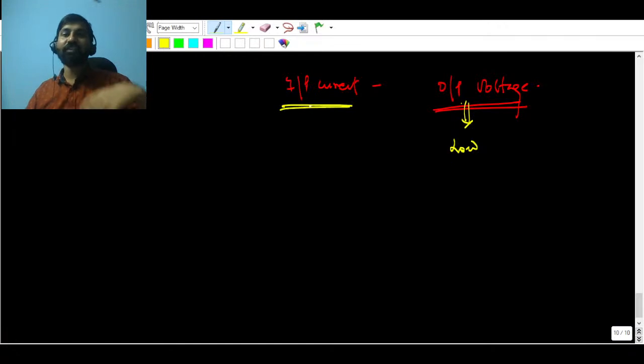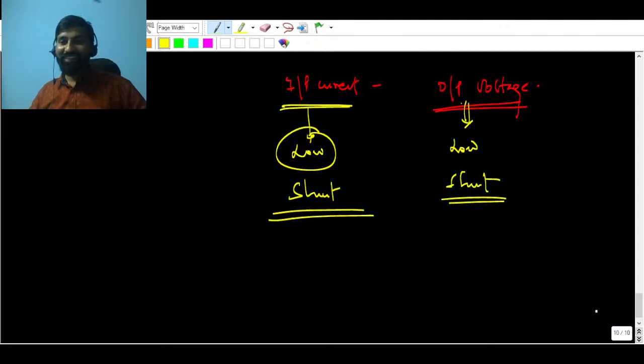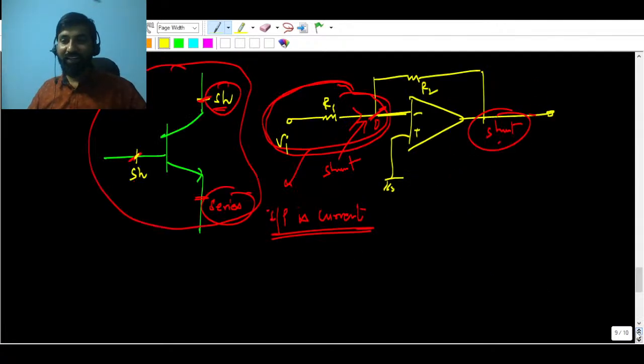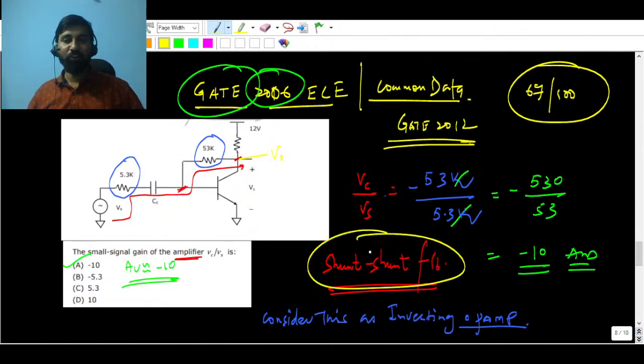And if the input is current, I consider this is going to be low only. Low means shunt. So this is the voltage shunt, or you can say voltage-current feedback, or the shunt feedback. I hope you will be able to remember this.